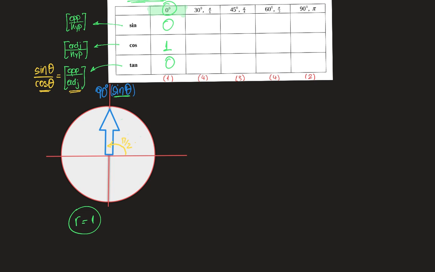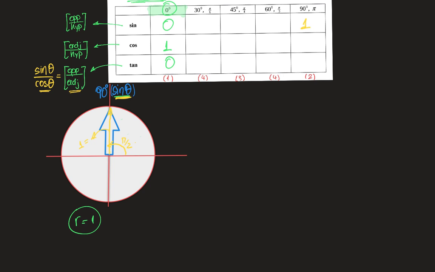The projection along the y-axis is as long as the arrow, and we know that the arrow is going to be equal to 1, right? But at the same time, that represents the sine of the angle. Therefore, we know that sine 90 degrees is going to be equal to 1.